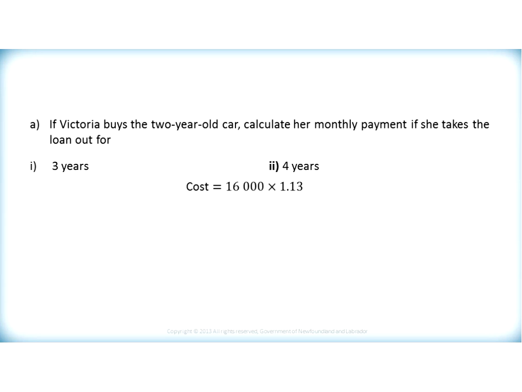So the cost is going to be $16,000 times 1.13, because that's 13% in addition to the cost of the car. And that's going to give us a total cost of the car of $18,080.